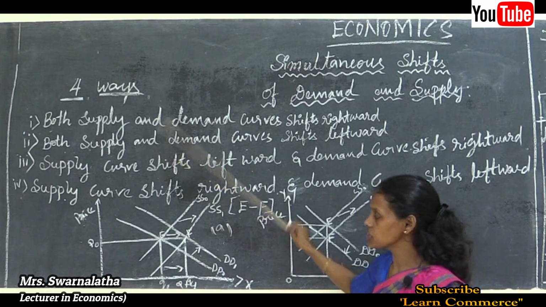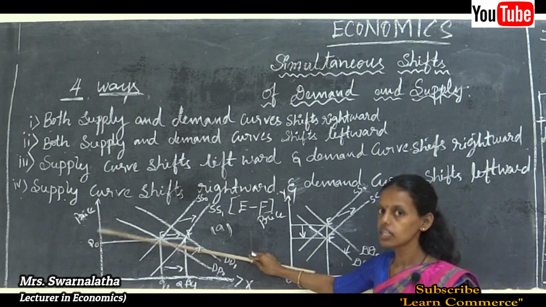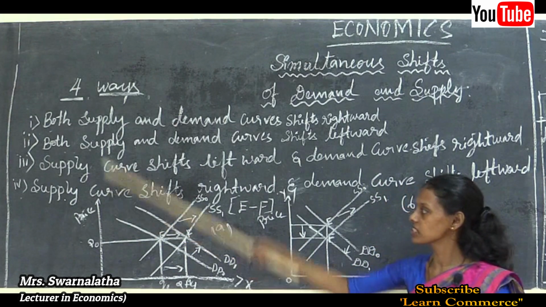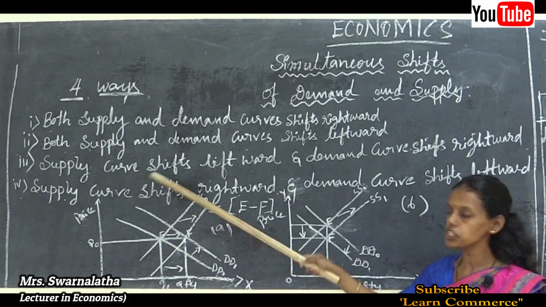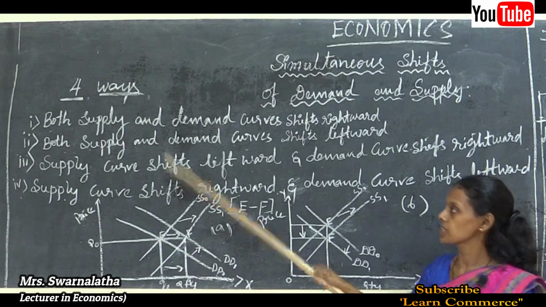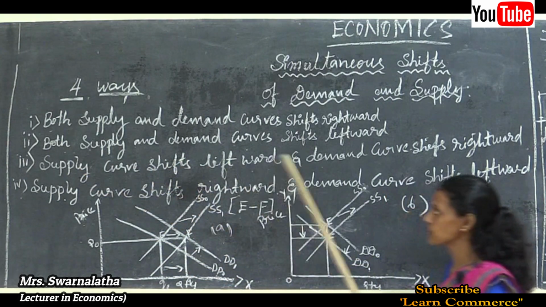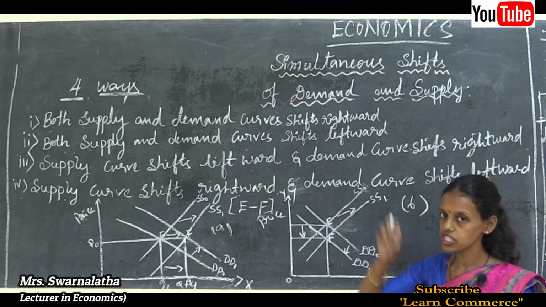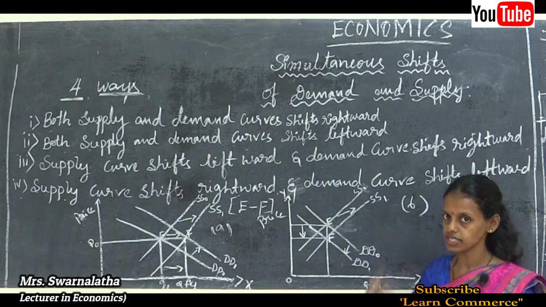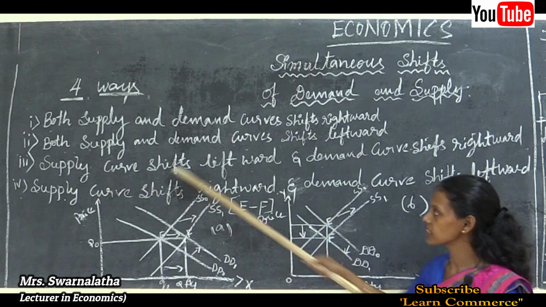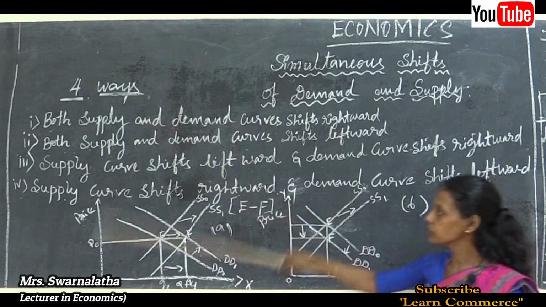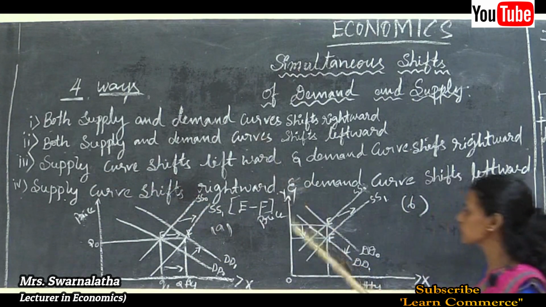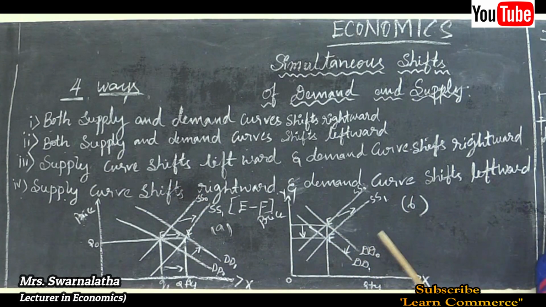These two conditions we are seeing in panel A. Suppose there are any changes in the price, that leads to changes in the demand and supply. The supply curve shifts leftward and the demand curve shifts rightward. Any deviation in the price, whether it increases or decreases, leads to changes in the demand and supply. The fourth and third conditions together you can see through panel B.